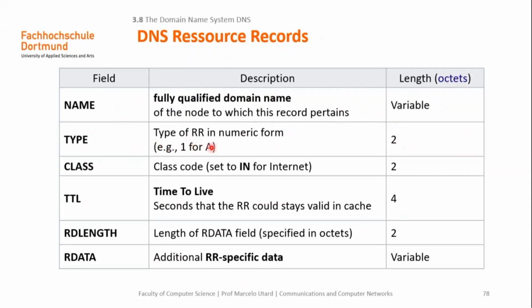Typically, for instance, A for the association between a fully qualified domain name and an IP address. There is a class that is coded with 2 octets, and typically in the case of the internet, we always use the class IN, from internet, IN.